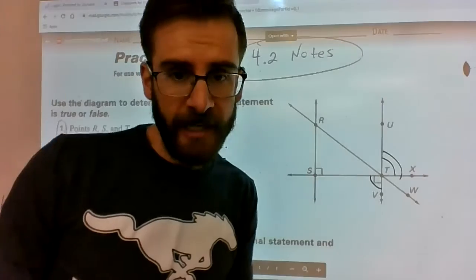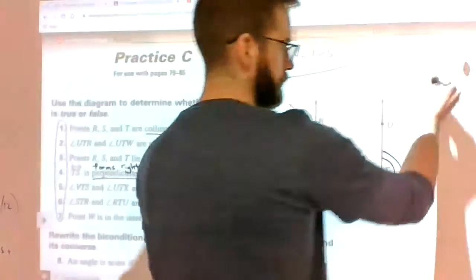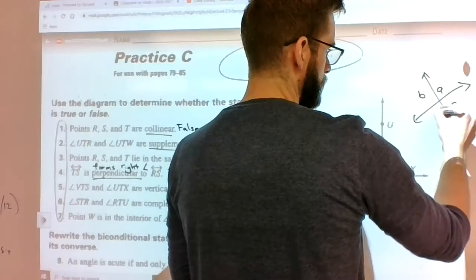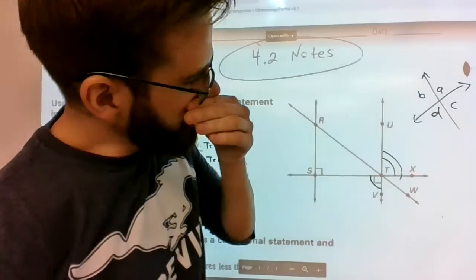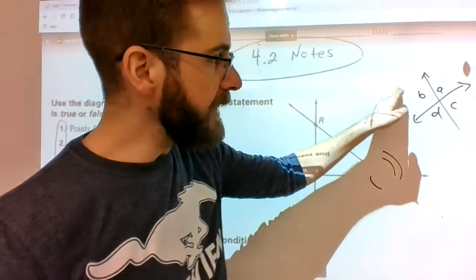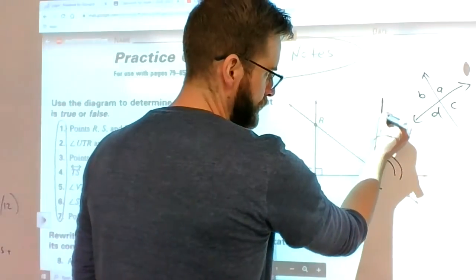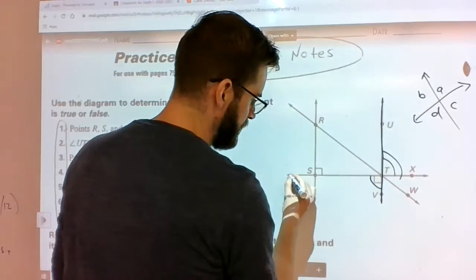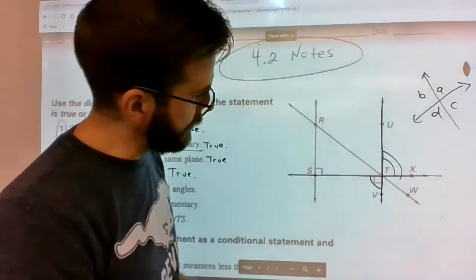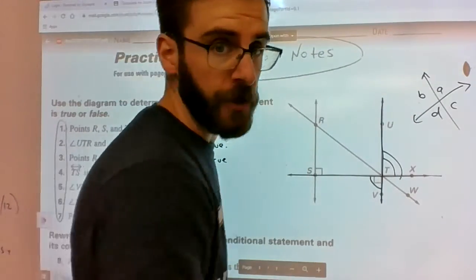Vertical angles are directly across from each other that are formed when you intersect two lines. So D and A are vertical angles. B and C are vertical angles. Here's one of the lines. Here's the other line. Are they directly across from one another? They are. They're vertical angles, all right.